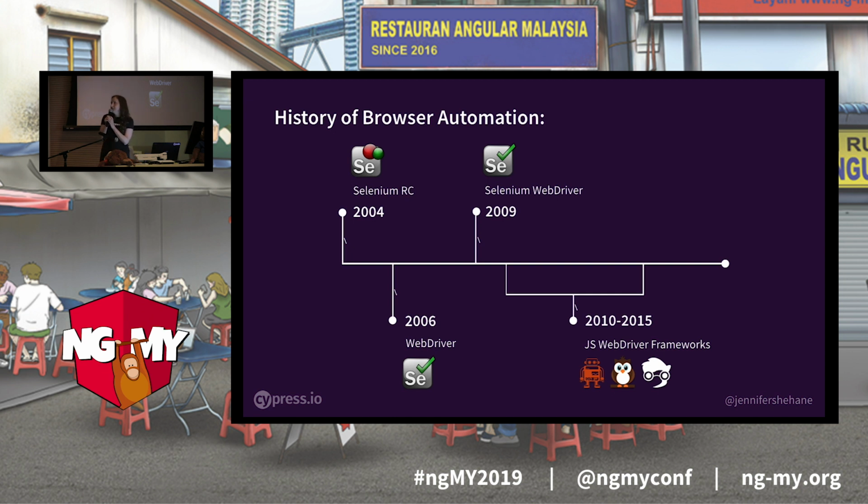And then almost immediately after, these frameworks started popping up, these client libraries that allowed programmers to run Selenium WebDriver, but to run it in an API of their own design. So they extended it into other languages like Ruby and Python, and there are a lot of frameworks just in JavaScript alone. And then in 2014, the first commit to Cypress was made. Cypress was made by Brian Mann.